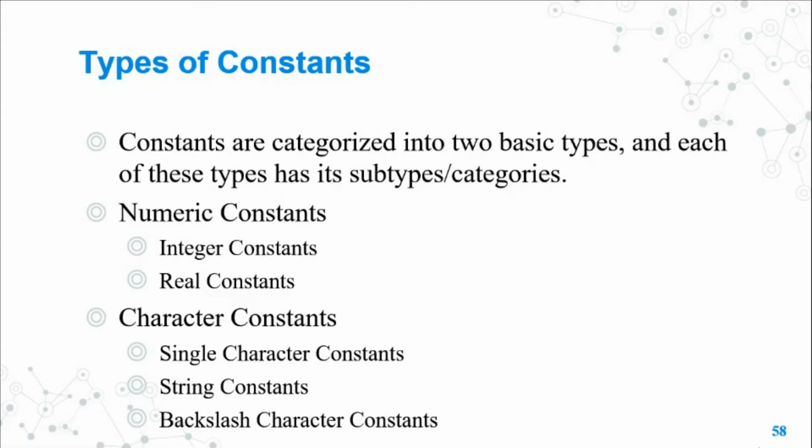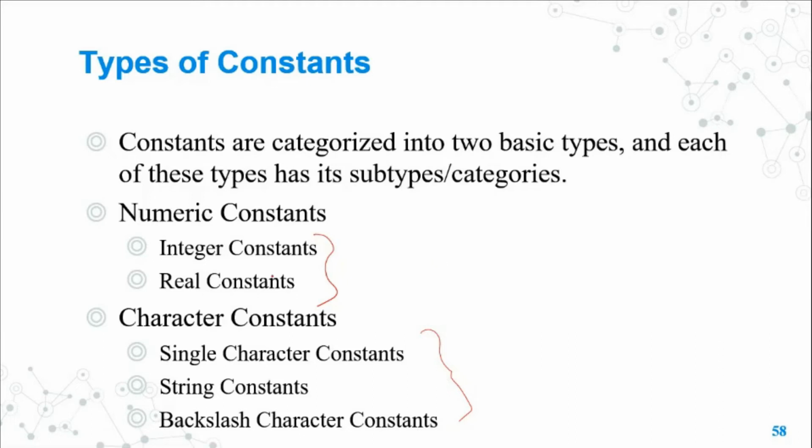So the numeric constants can be either an integer constant or a real constant. The character constants can be of three different types: single character constants, string constants, or backslash character constants.